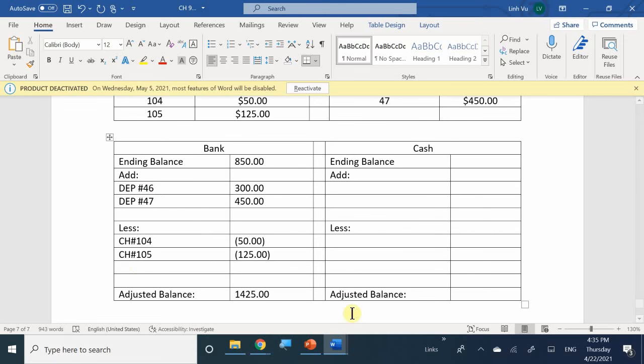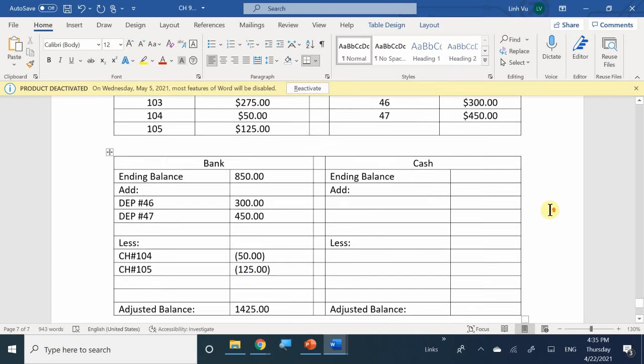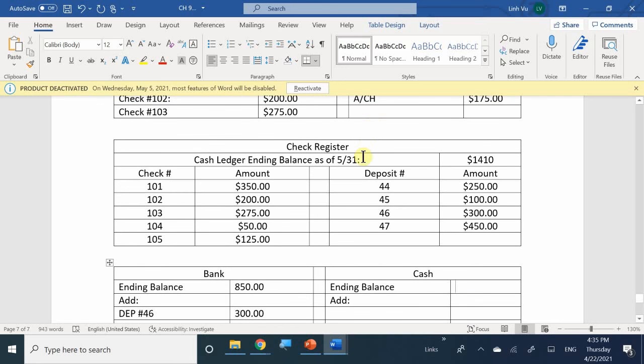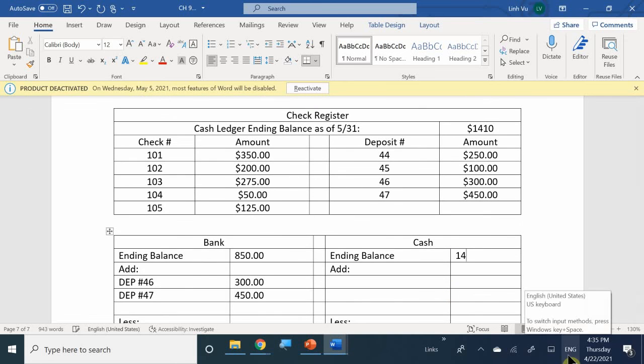All right. So we have an adjusted ending balance of $14.25. So let's take a look at our cash ledger. What do we need to start with? Our ending balance. So what is my ending balance on my cash ledger side? 1410. Okay. What do we need to add on our cash side?